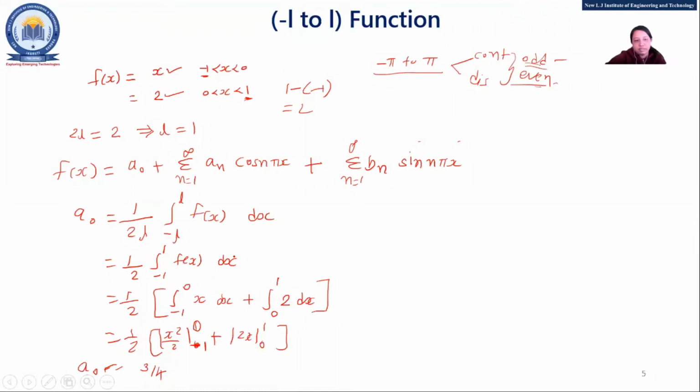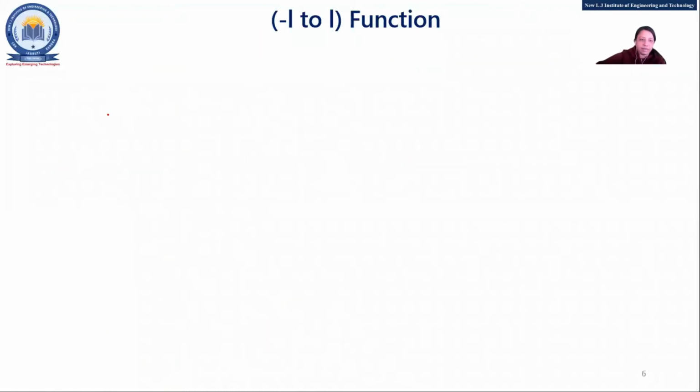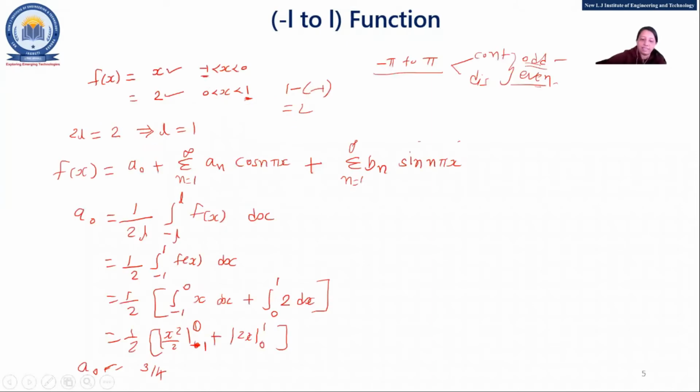Okay, an. For the same example, an equal to 1 upon L integration minus L to L f(x) with the cos term, cos n pi x by L dx. Just put L equal to 1, so no need to write this. Now minus 1 to 1. Your f(x) is different, x and 2.